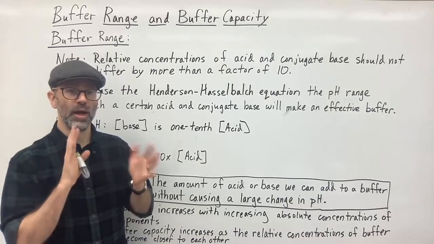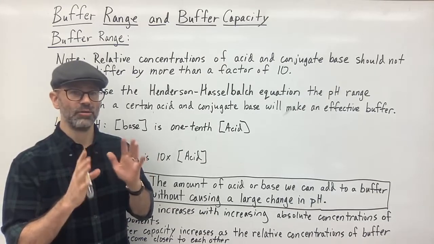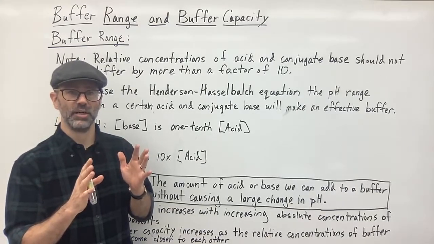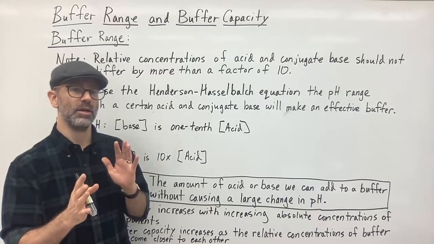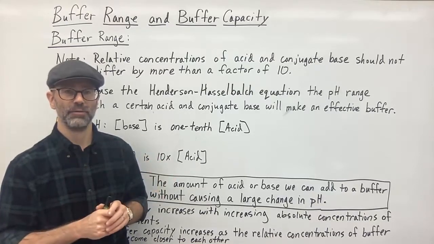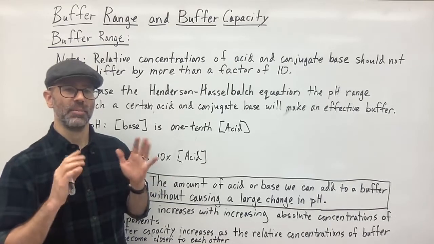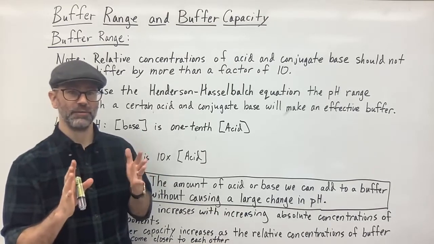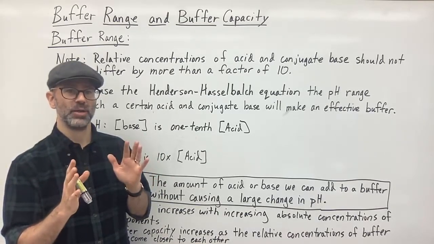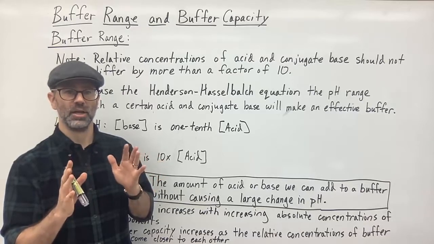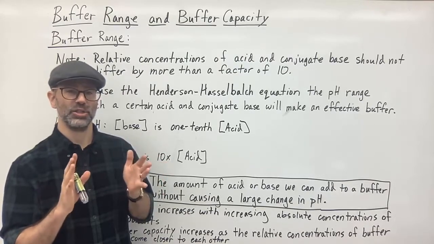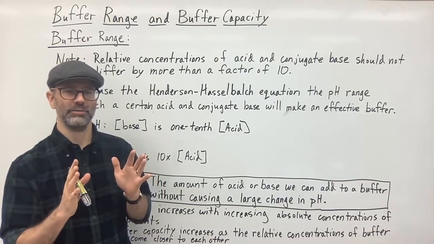The more the relative amounts or concentrations of your acid and conjugate base differ, the less effective that buffer is going to be. And we saw that, to still have an effective buffer, the difference between the relative amounts of acid and conjugate base should be no more than a factor of 10.